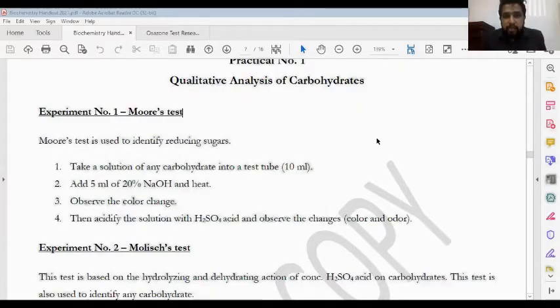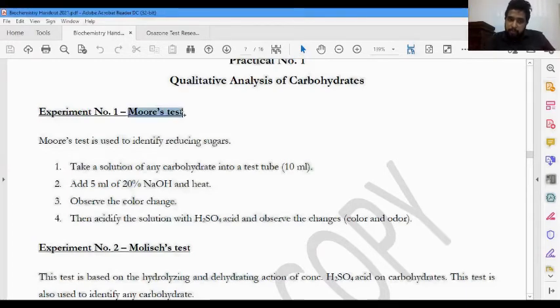And I want to tell you that even though I discussed this with you, this is not a good qualitative experiment to distinguish reducing sugars. Even if you search in good biochemistry books or on the internet, you will not find much information on the Moore's test.